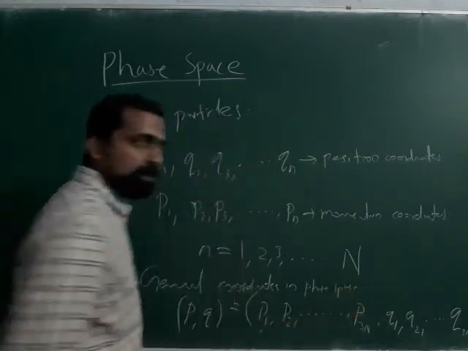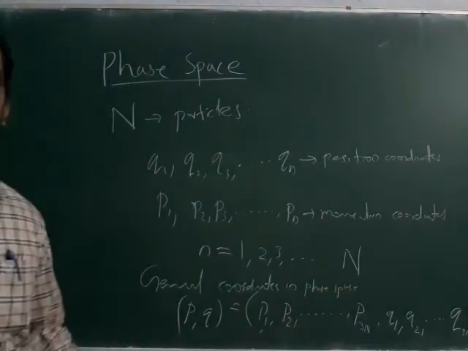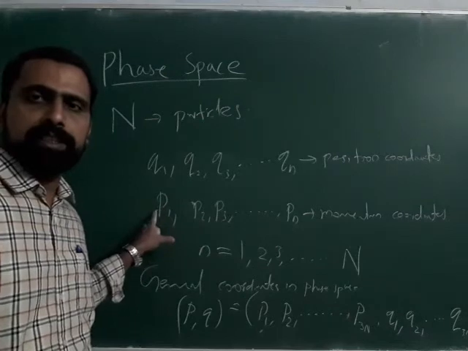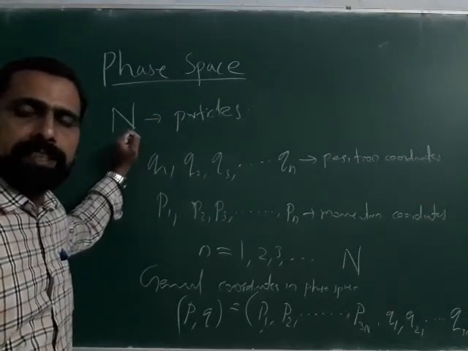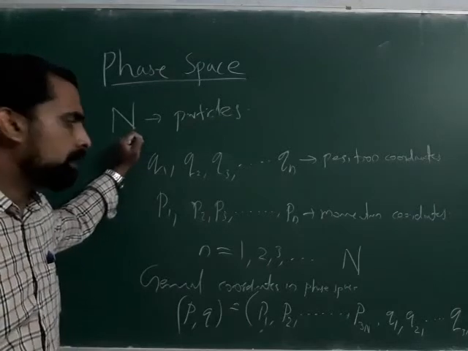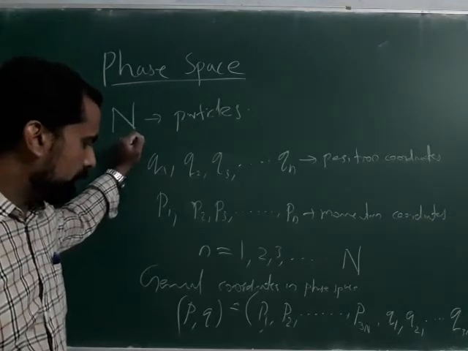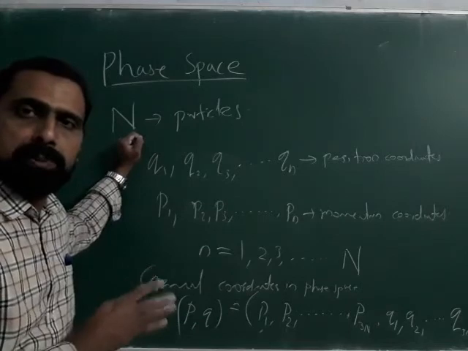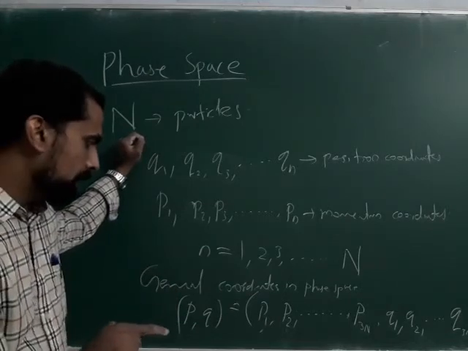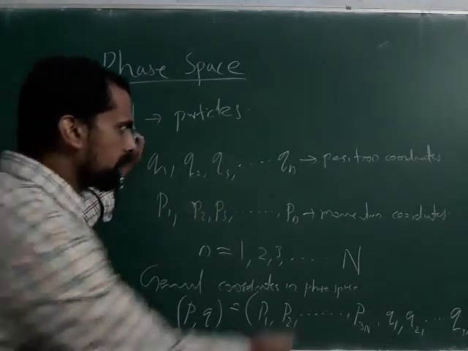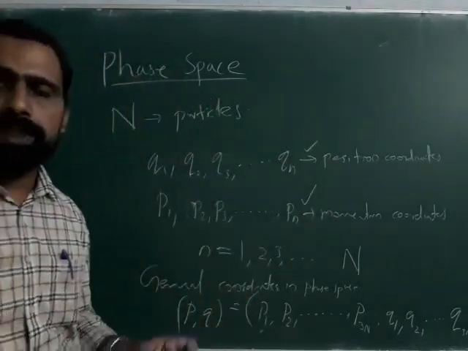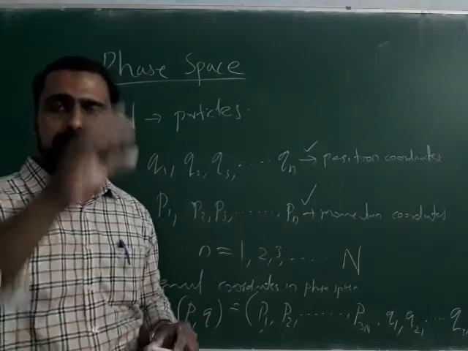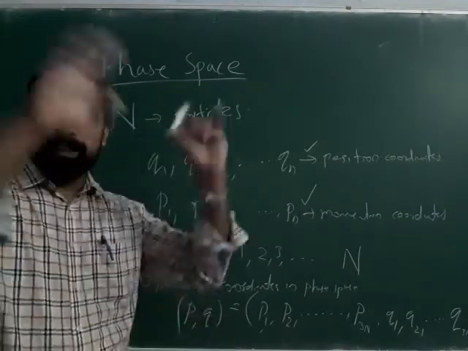More detail about the phase space you will get from your classical mechanics while studying Lagrangian mechanics. For the time being, understand that phase space means you have both the position coordinates as well as the momentum coordinates to represent a system or a particle in this space.